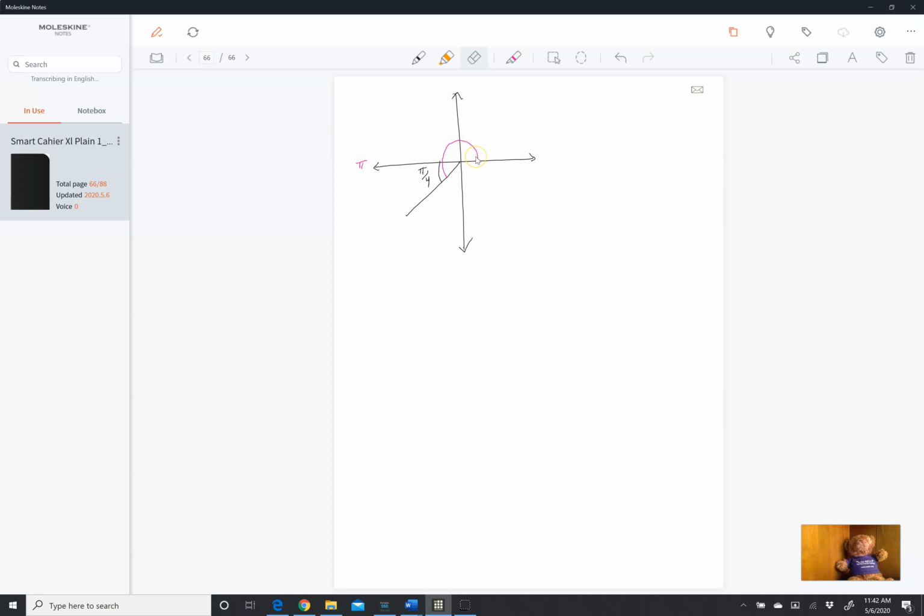So for this angle in quadrant 3, we're doing pi plus pi over 4, or pi plus our reference angle, whatever our reference angle is. Okay, so pi plus pi over 4, we got 5 pi over 4. So how did we do that?